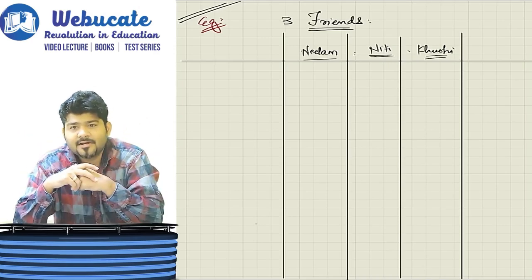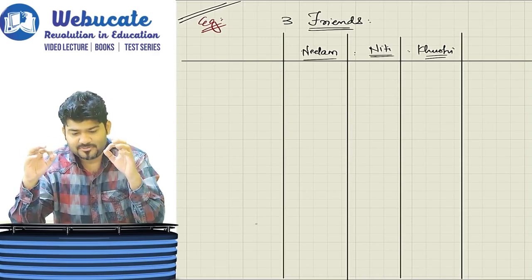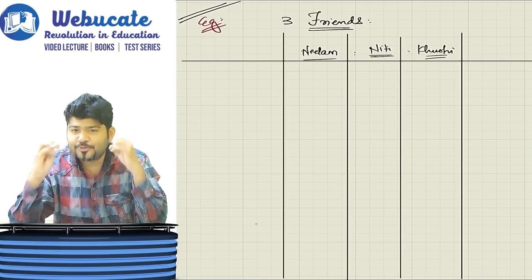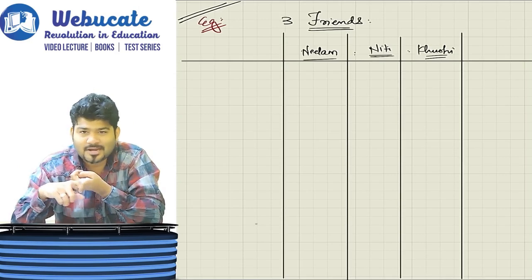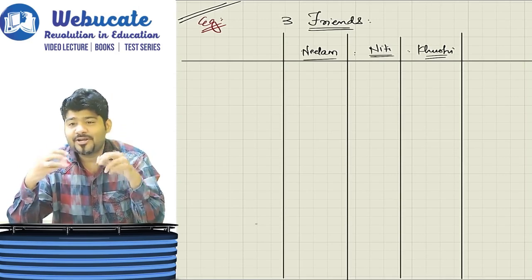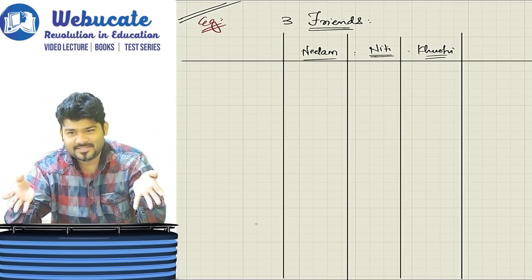Then second came their CA intermediate examinations. You will not believe it, in CA intermediate examinations, they all gave together, studied together. Throughout CA intermediate, they were together for classes. All of us know that in CA intermediate, the majority of our time goes in coaching classes only. Almost 8 to 9 hours every day is in coaching classes.